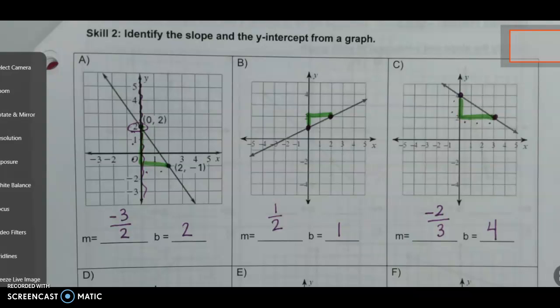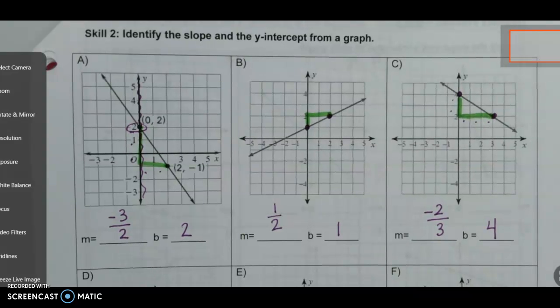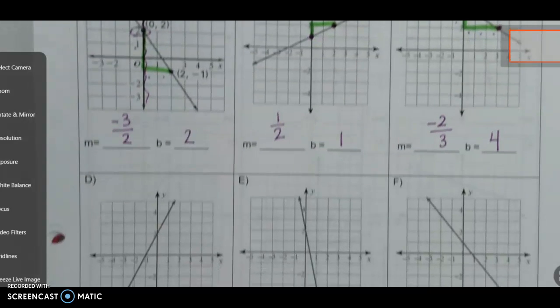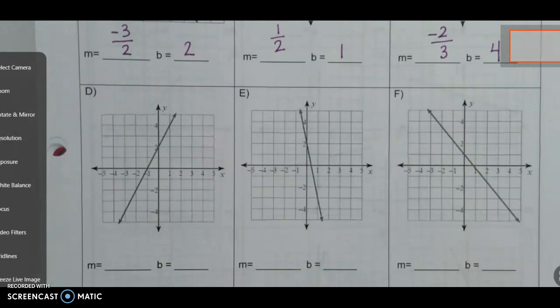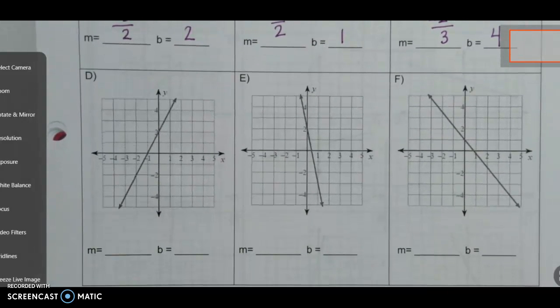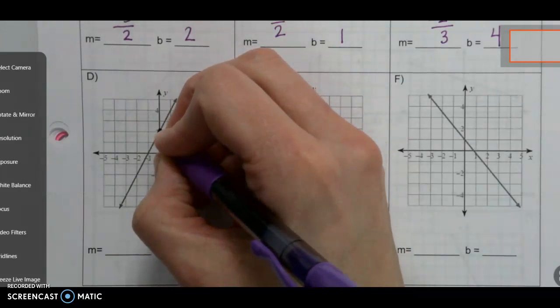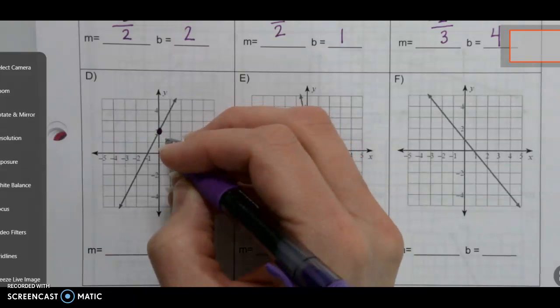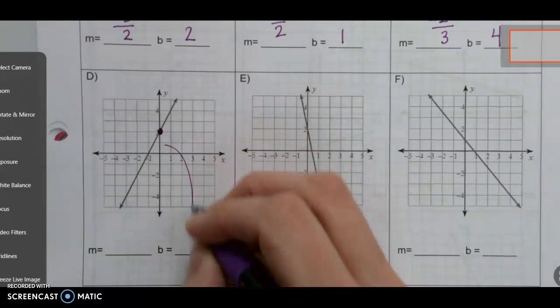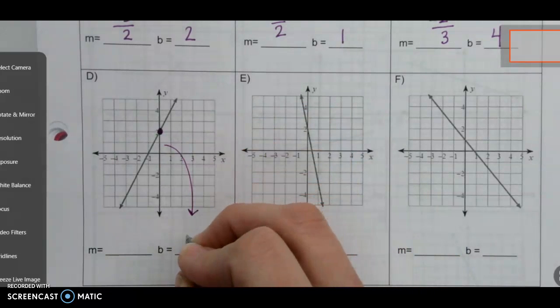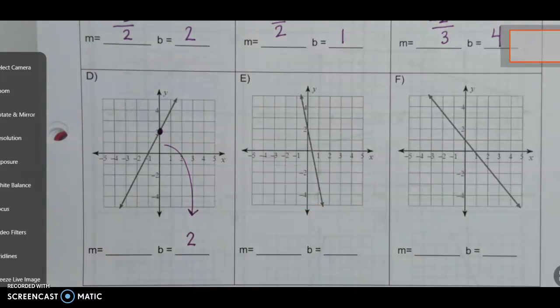Okay, there's a couple more, but you can go ahead and pause the video and turn to page 18 if you need, or if you're already good to go. But I'll finish up here with the 3 at the bottom. I'll start with my first dot on the y-axis, and then that number goes directly down into my B. So the y-intercept is 2. That's where it crosses. That's where that first dot went.